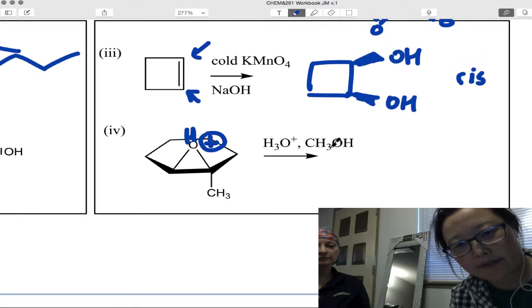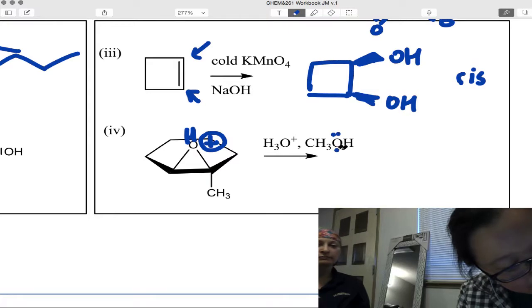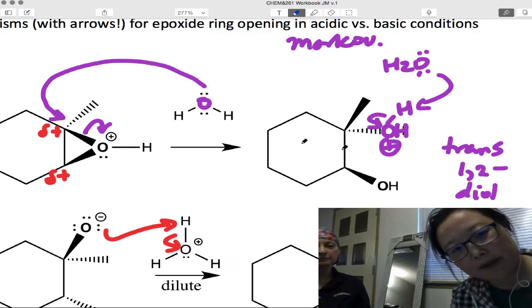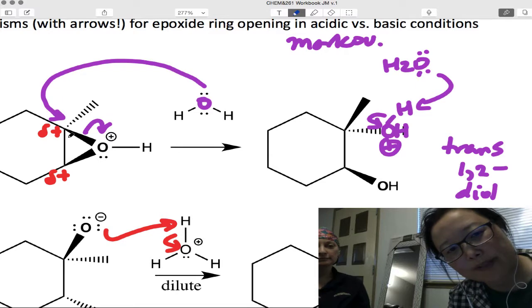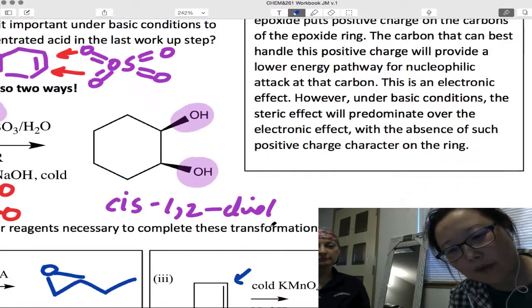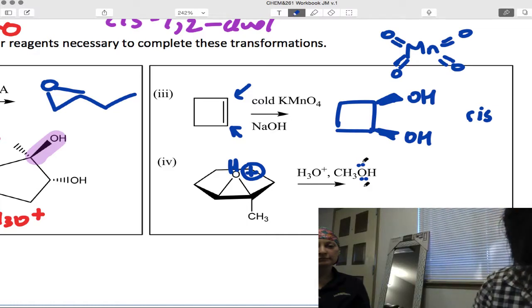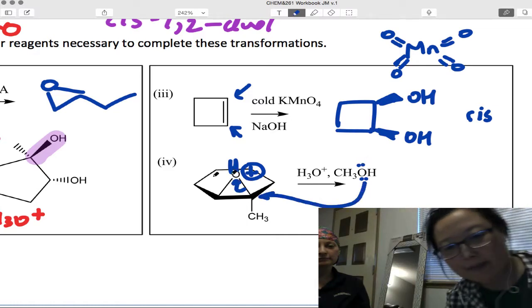Now, the nucleophile at this point is going to be my methanol instead of water. So thinking back to what I had before, I had water attacking, and this was a Markovnikov addition. So I attacked the more substituted carbon. So instead of water, I have methanol, and I'm going to attack the more substituted carbon. So that releases my epoxide at the top.